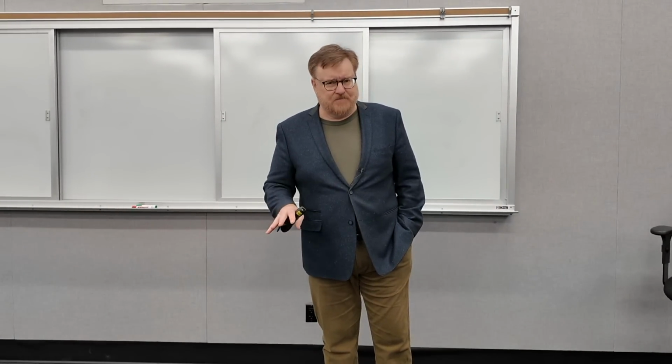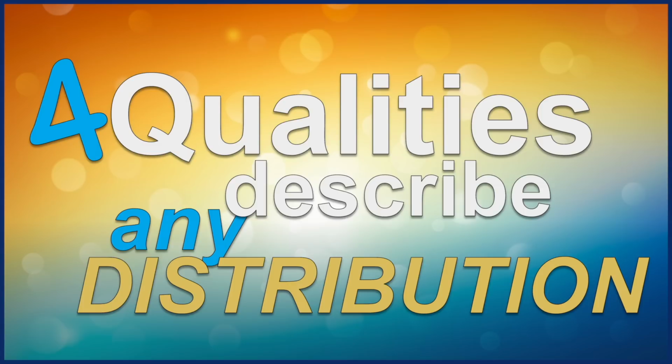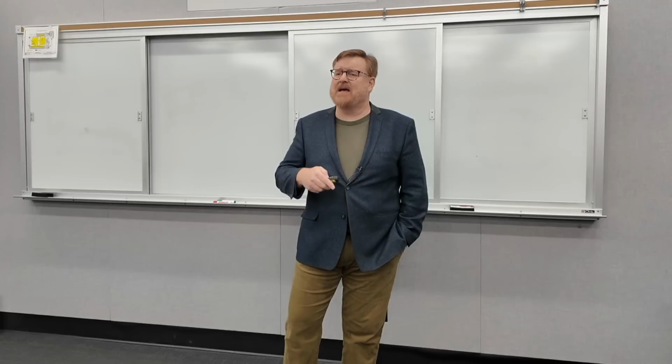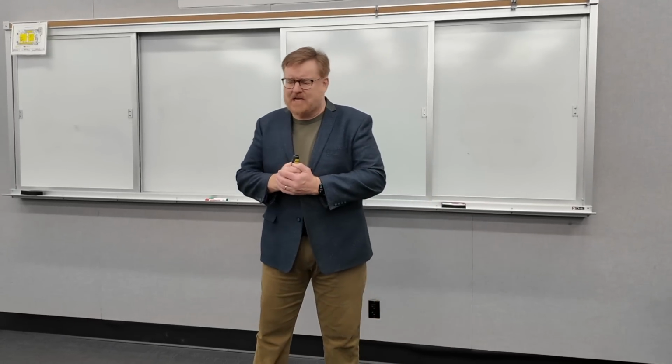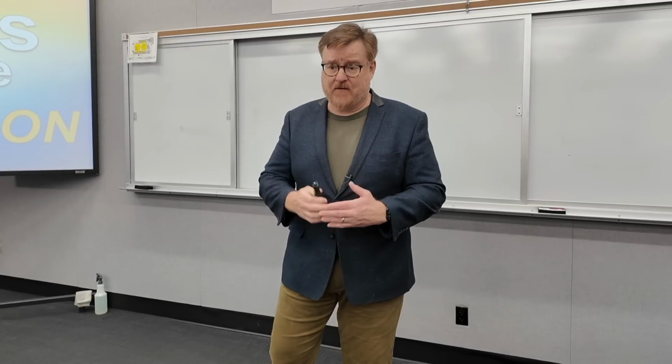Regardless of the distribution, there are 4 qualities that we want to be able to distinguish about that distribution so we can describe it and understand how we can use it. The first of these: if I am asking questions about height, I might ask, what is the height of the average American male?